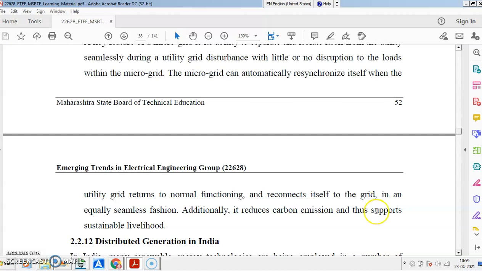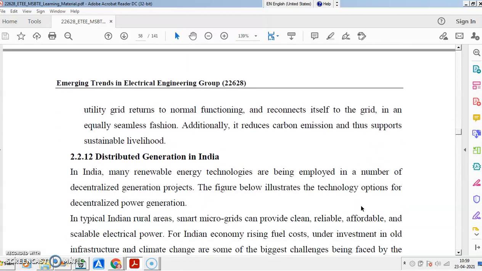When the utility grid returns to normal functioning, it reconnects itself to the grid in a seamless fashion. It additionally reduces carbon emission and supports the environment and sustainable livelihood. So that is the importance of this.